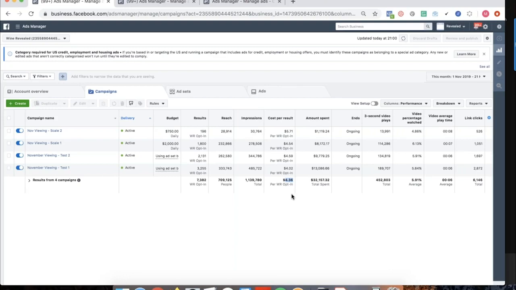And the reason that I say that is once I get over the $4 mark, I know that this campaign over time is going to fatigue. So if it's over $4, by increasing the budget or whatever I'm going to do to scale, as we'll talk about later, it's probably going to quickly push this over to the $5 mark, and I'm not going to get the volume of results that I want.